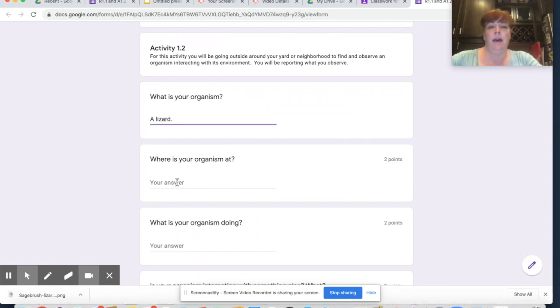Where is my organism at? It was on my backyard wall in Mountain's Edge. Why is it important that I put the location of my animal, not just outside?